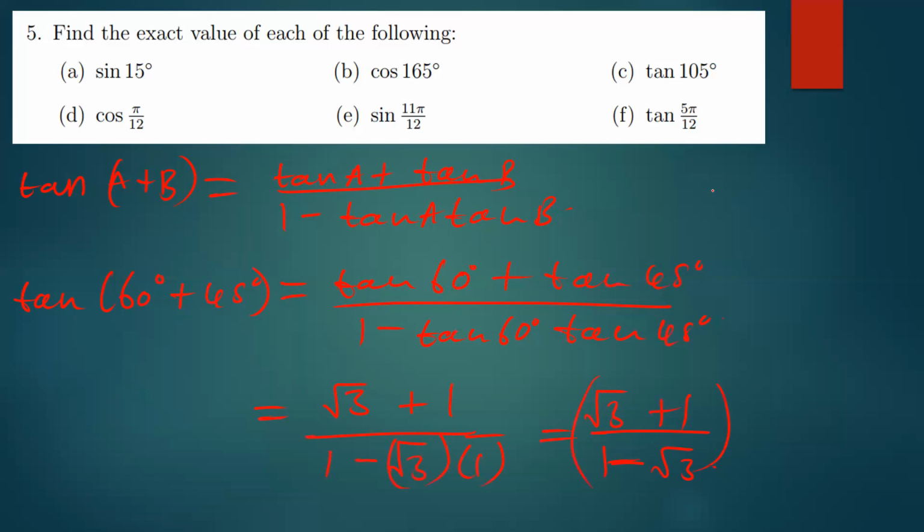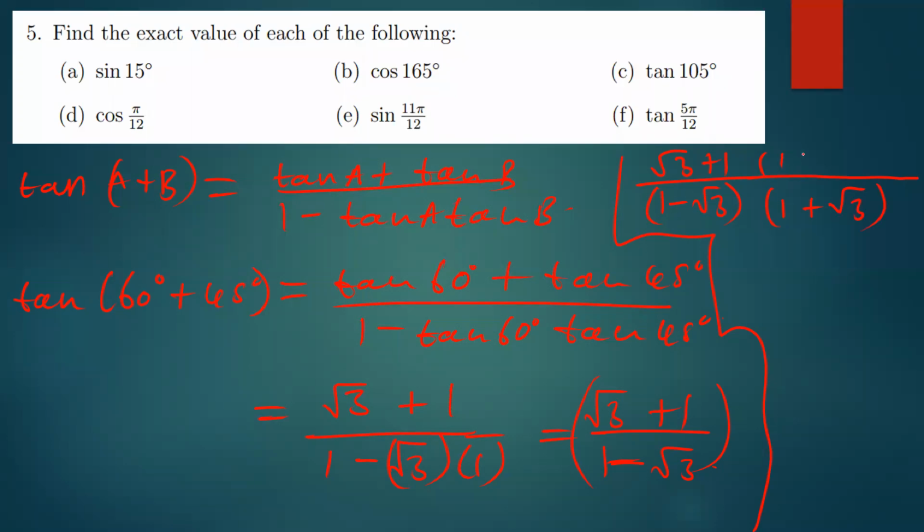So what you can do is rationalize this expression. Root 3 plus 1 over 1 minus the root of 3. We multiply everything by the conjugate of the denominator. The conjugate of the denominator will be 1 plus the root of 3; you just change the sign in between.